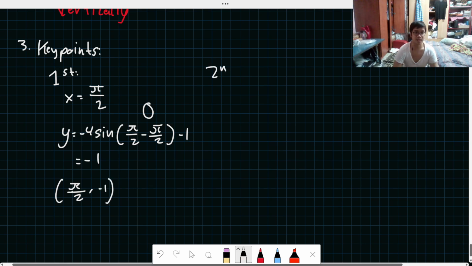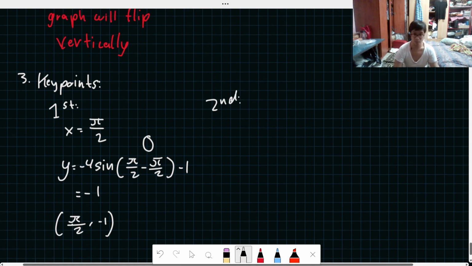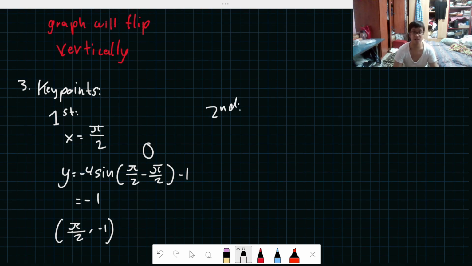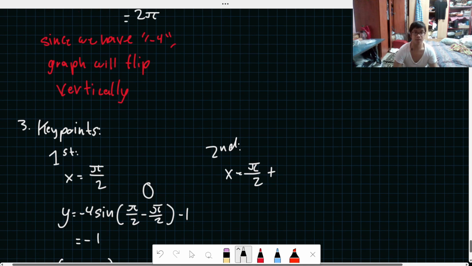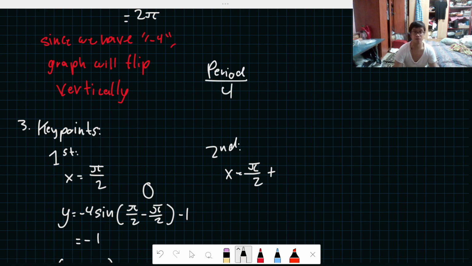Now let's proceed to the second key point. Remember, in getting the x value of your second, third, fourth, and fifth key points, what to do? First, you copy the recent x value you found, so pi all over 2, then plus the period divided by 4.